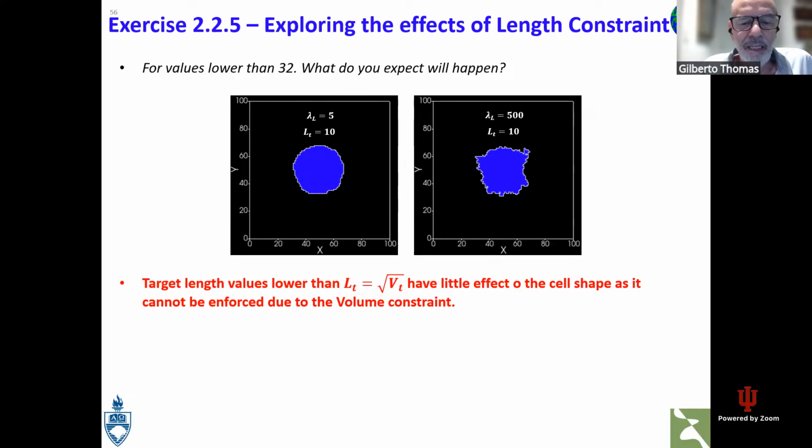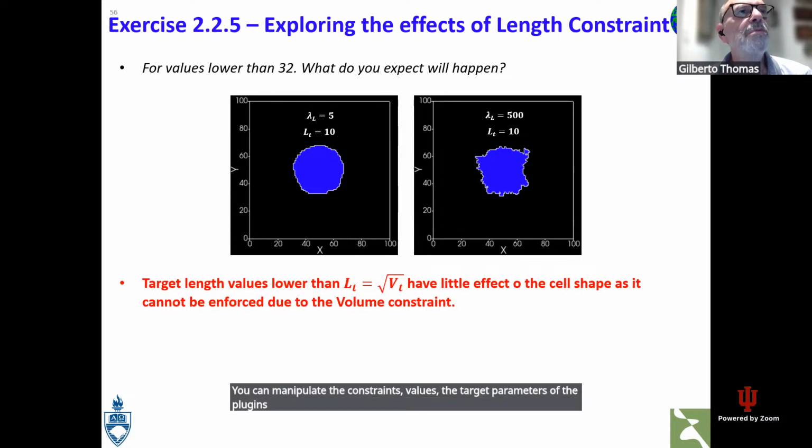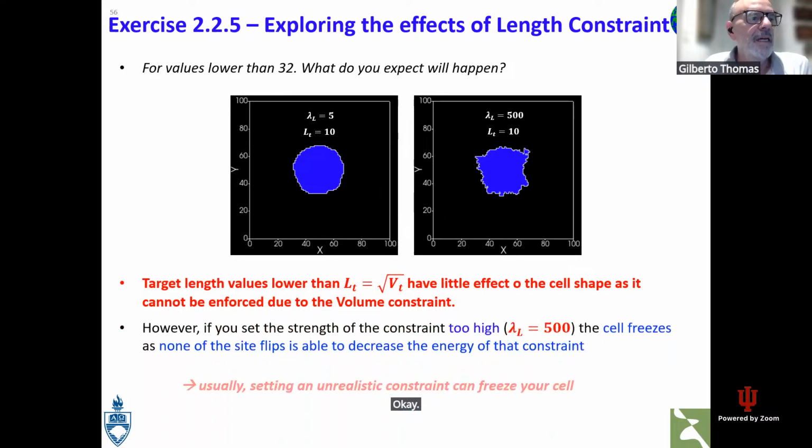So I think with those 5 examples, you can have a good idea how you can manipulate the constraint values, the parameters of the plugins, to shape your cell the way you want for your biological experiment or simulation.